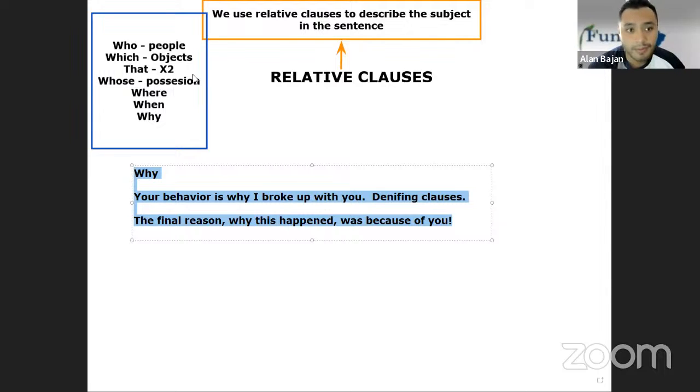Because of you es como un idiom para decir por tu culpa, pero más para blame someone. That's because of you. If I'm here, it's because of you. On that context, because represents a connection of reason. Allí estoy usando because para expresar la razón de algo, el propósito de algo.